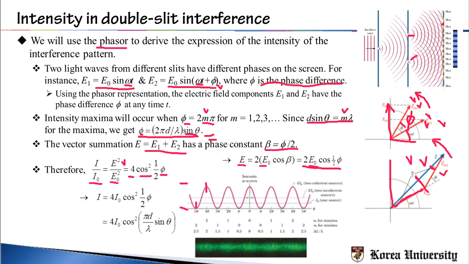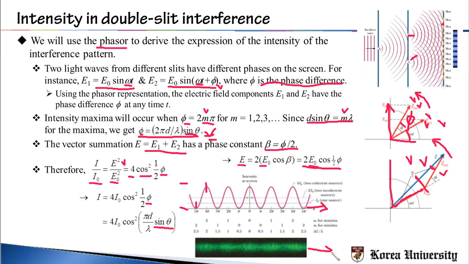And in this graph, this axis is actually the phase. So what is phase? In this case, if you write using this equation again, phase is directly proportional to sine theta. Sine theta is of course the angle, and we learned that if you convert this to tangent theta, this is also directly proportional to the position on the screen.